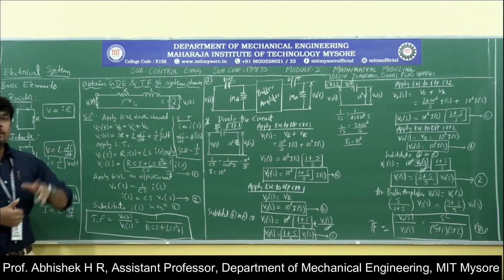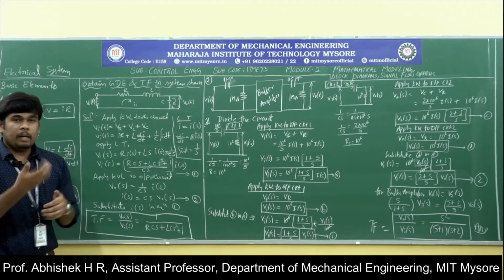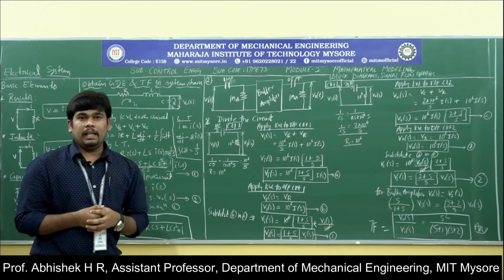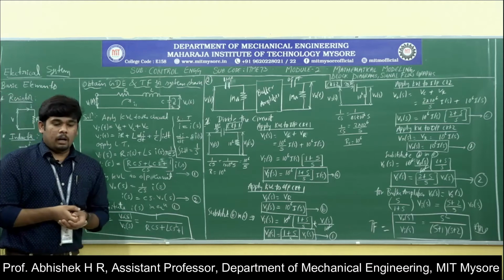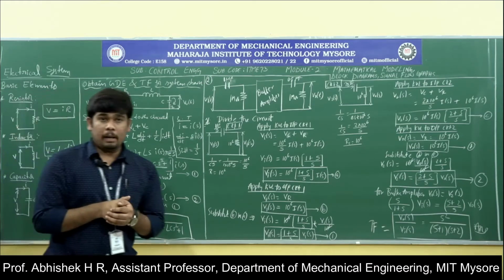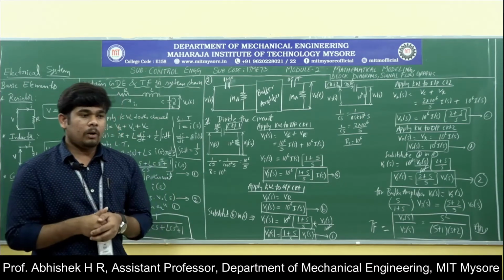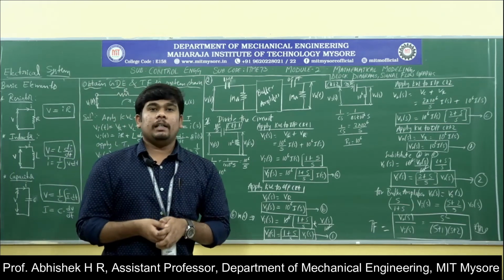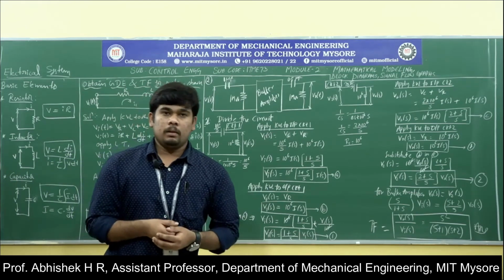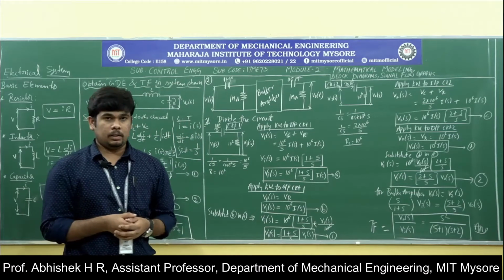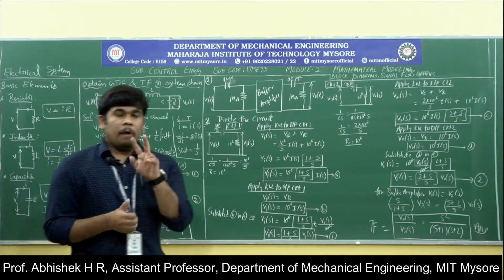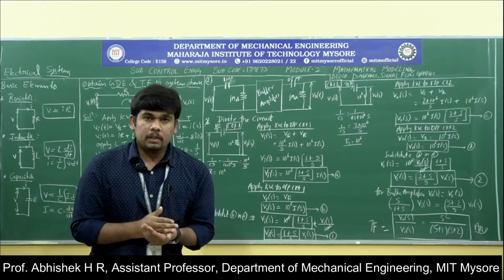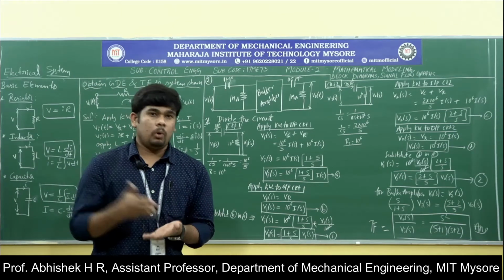Now, let us solve some problems, so that we can understand the electrical system in detail. Before starting the problem, I want to tell you about Kirchhoff's law, because we are going to use the Kirchhoff law conditions while solving the problems in the next steps. As per Kirchhoff's law, we have two types: Kirchhoff's current law and Kirchhoff's voltage law.